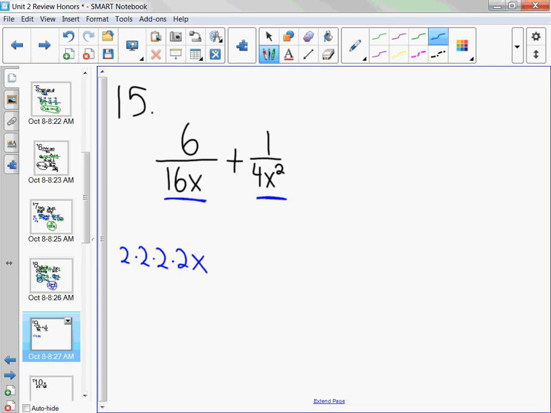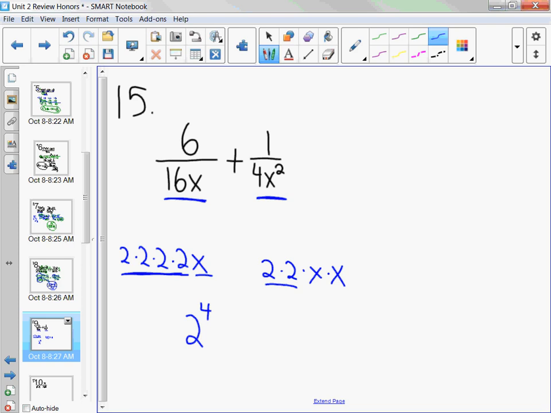And over here, 4x squared breaks down to 2 times 2 times x times x. Well, I take every factor I see, the most number of times it occurs in a factor. Well, I see that 2 happens 4 times here and 2 times there, but I got to take the most number of times it happens, which is 4. So 2 to the 4th power.